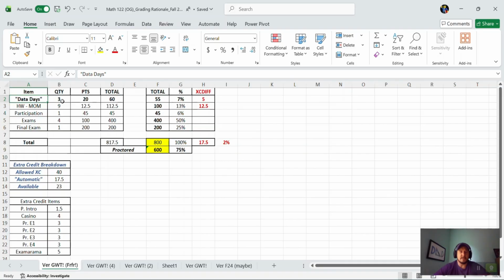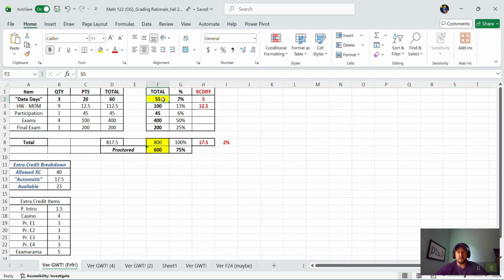There are going to be 3 of those, and I decided to make the points total for each of these 20. So if you multiply 3 times 20, you get 60, okay? Now, if you look over to the right, I have a different total column, and you'll see that 55 is assigned as the official points towards the overall grade.